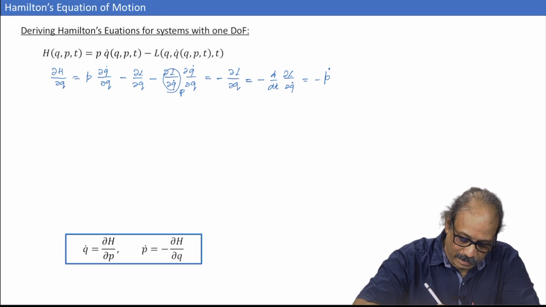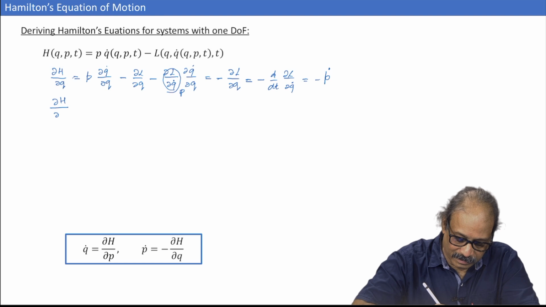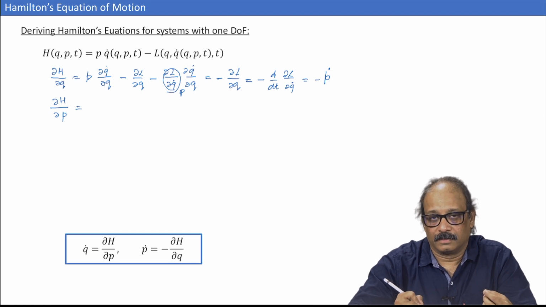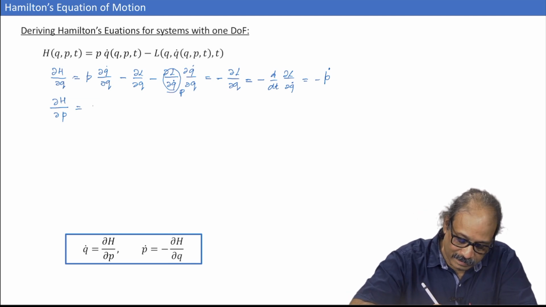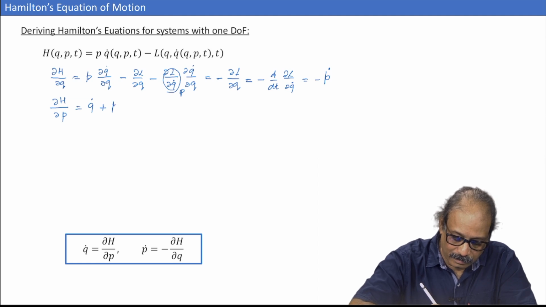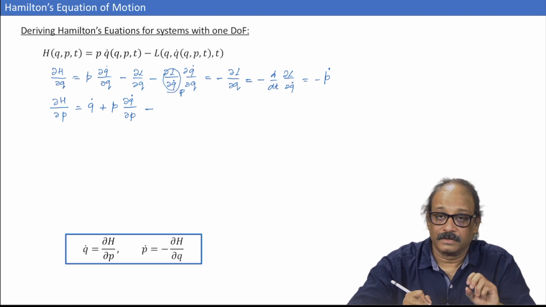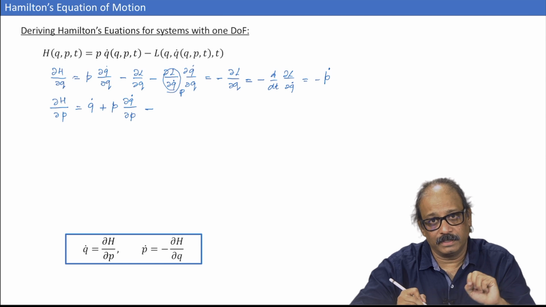Now, let me also calculate the partial derivative of H with respect to p. Now, of course, p q dot is a product of two functions. So, I will write this as q dot, then plus p times del q dot over del p, and minus the derivative of the Lagrangian, but the Lagrangian depends on p only through q dot.